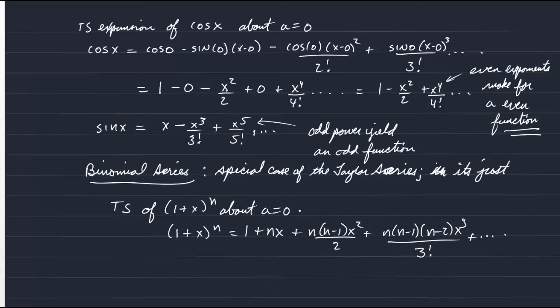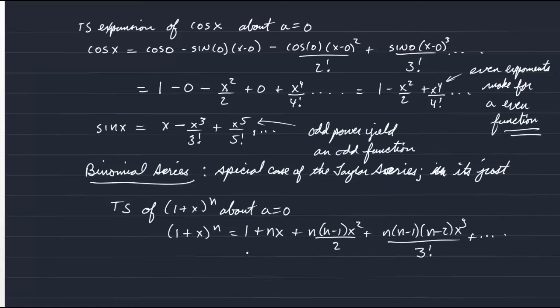Okay, so that's a summary of the Taylor series. Taylor series becomes useful, for example, if we have a function like 1 plus x to the n power, and we want to linearize it to solve a problem when x is very close to a.